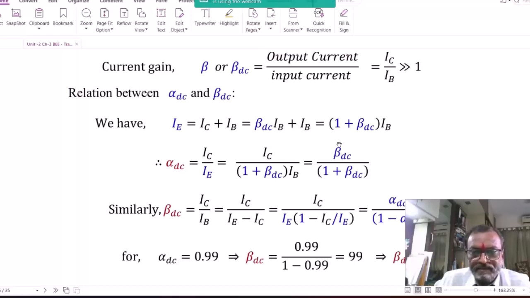IC by IB is identified as beta DC, and therefore alpha DC is equal to beta DC upon 1 plus beta DC. From this equation also, since beta DC is much higher than 1, the 1 can be ignored, and therefore this figure is approaching towards 1.